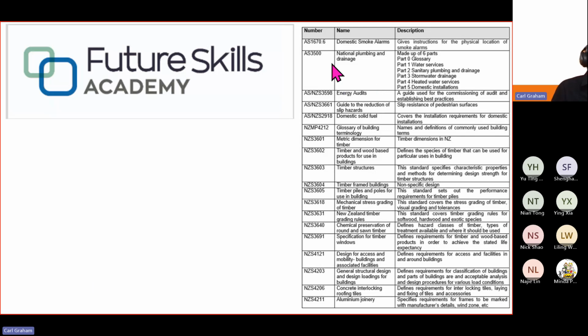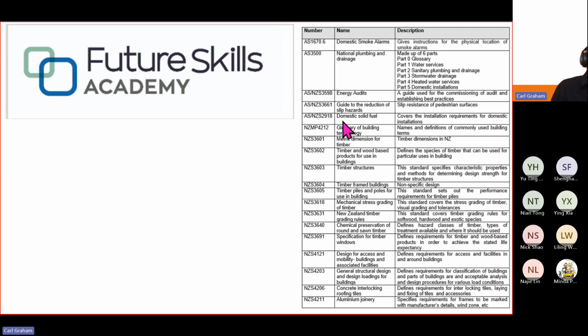But you can see, so NZS 3604, that's what I've talked to you about, okay? But if you go into NZS 3604, it also refers to NZS 3602, which is the treatment on the timber, okay?